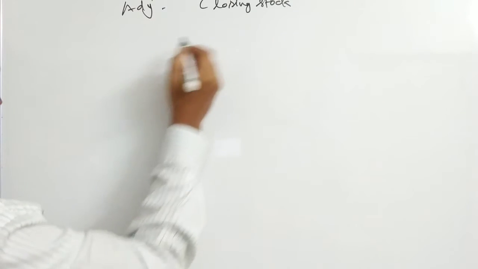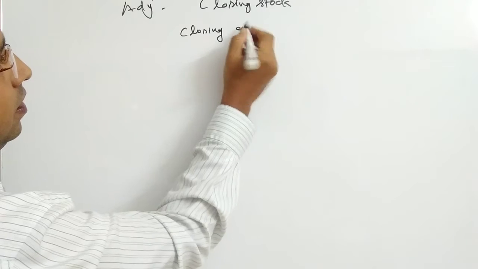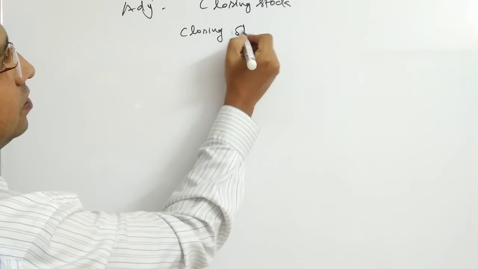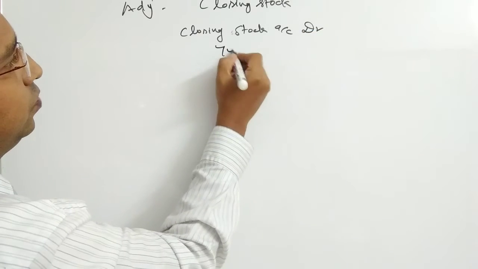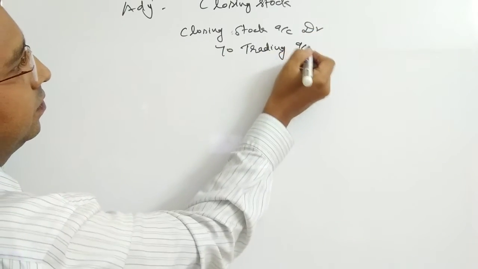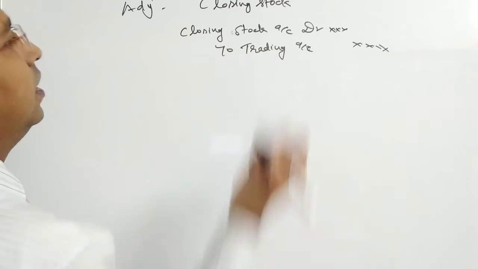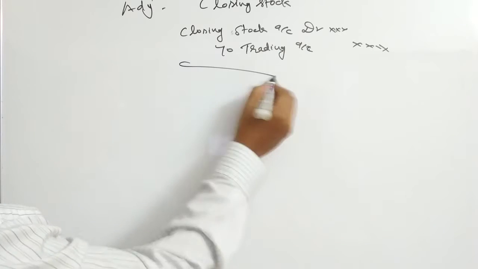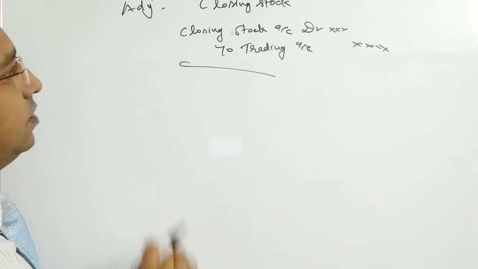The journal entry would be: closing stock account debit to trading account. This is the first adjustment entry that we have to record in the journal proper.